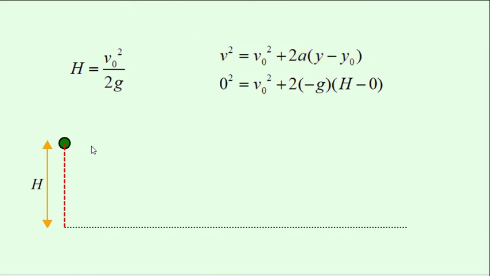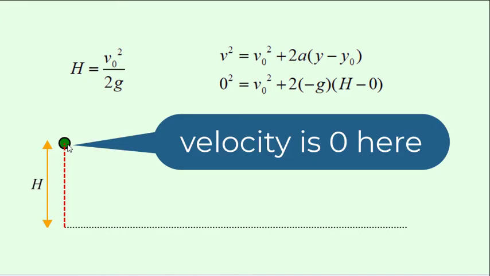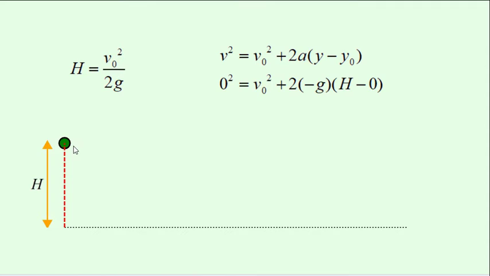We use the concept that at the very topmost position of its flight, the final velocity is 0. The initial displacement is 0 and the final displacement is the height h. The acceleration is minus g, and with this we obtain the height h as v0 squared over 2g.